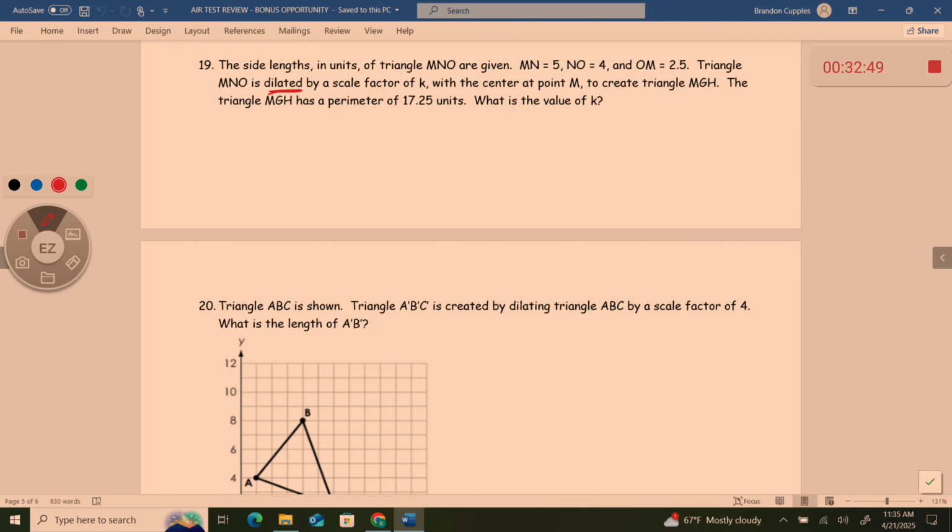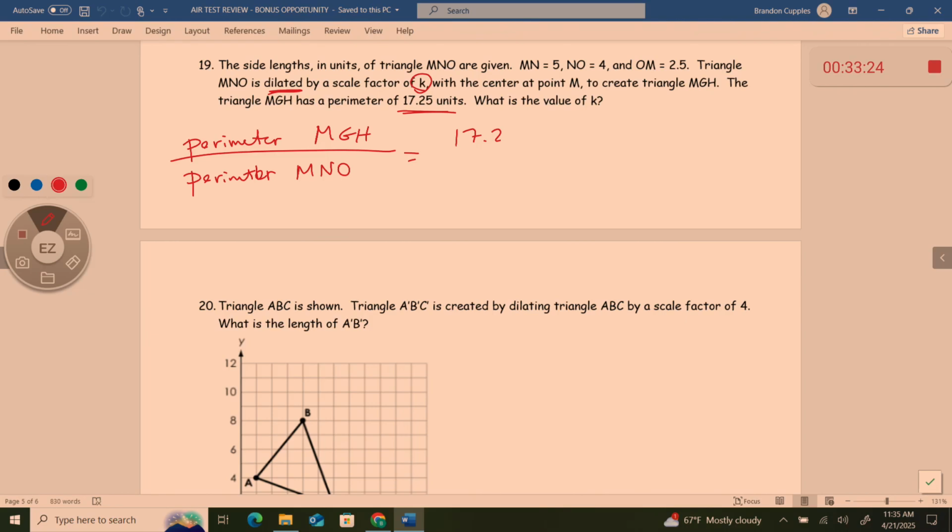So we're going to put the perimeter of MGH over the perimeter of triangle MNO. If you work this out, this will give you the scale factor of the dilation K. So 17.25 is the perimeter of the new triangle. We don't know if it's bigger or smaller than the original one.